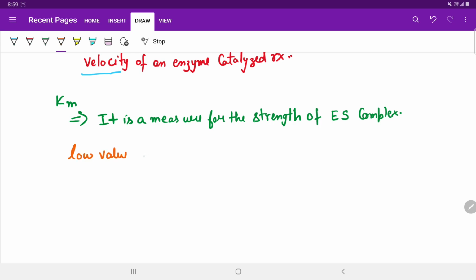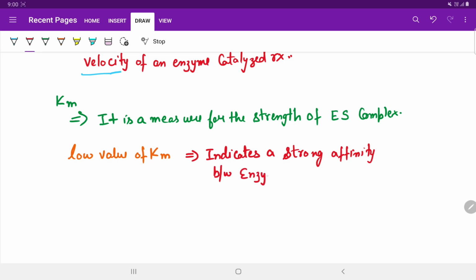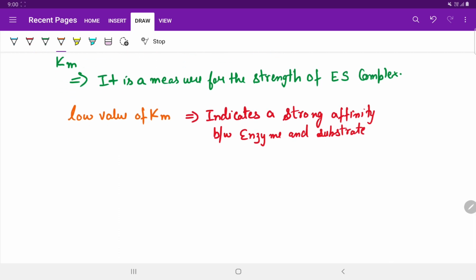A low value of Km indicates a strong affinity between enzyme and substrate, whereas a high value of Km signifies a very weak affinity between them.